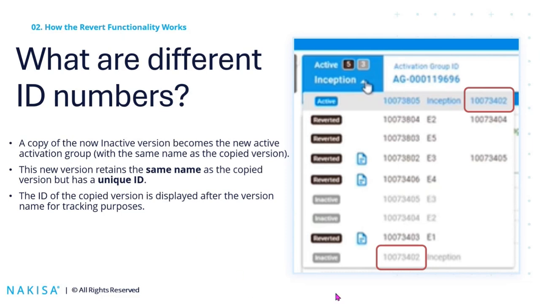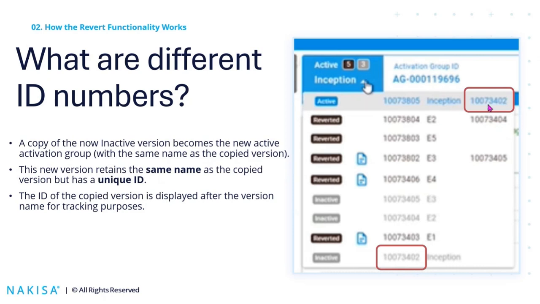You can see that when we had done the inception, the ID was ending with 3402, and it changed as we had done each event at different levels. And then when we decided to bring the inception back to an active status, on the right we can see that they are identical.